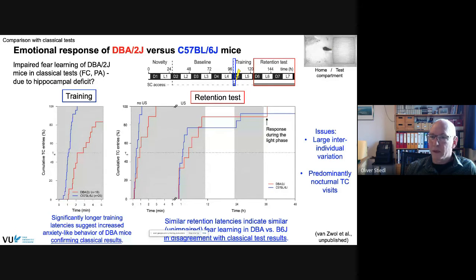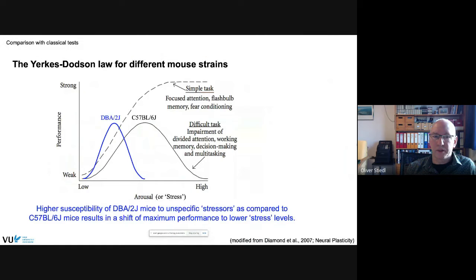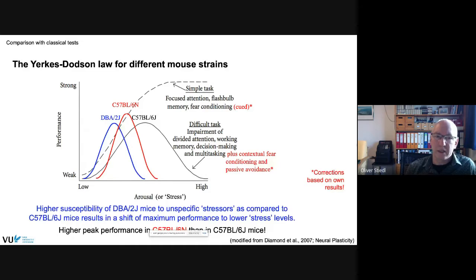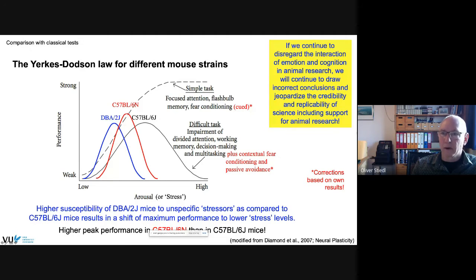We see the same large inter-individual variation, and based on this, we think we have to discriminate, and we should beware if we use one reinforcer, we may not be able to compare different lines, because we have to test them with different reinforcers to find out how their stress susceptibility will impact on the cognitive function. And we have to correct this whole approach, and that's what we are currently preparing in our studies.